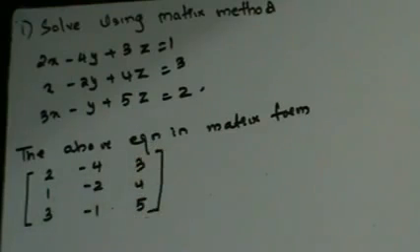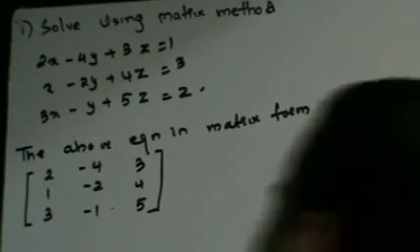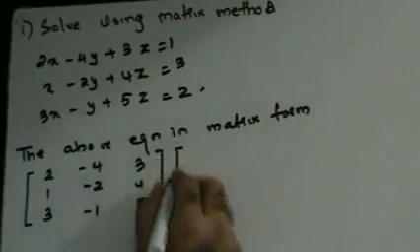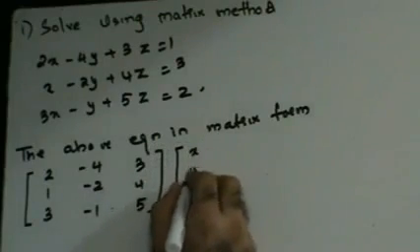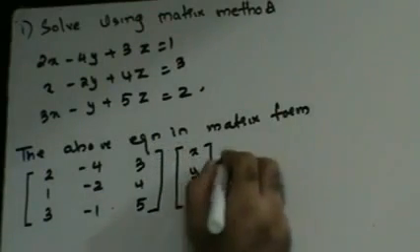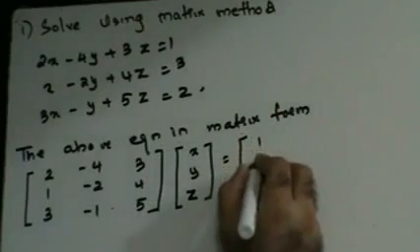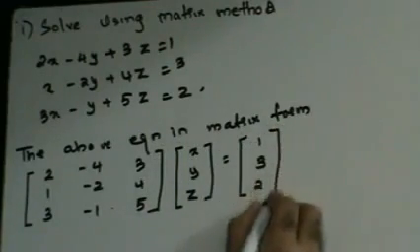Write all the x coefficients one below the other, all the y coefficients one below the other, all the z coefficients one below the other. Once you've done that, you write x, y, z. Then the right hand side, 1, 3, 2.